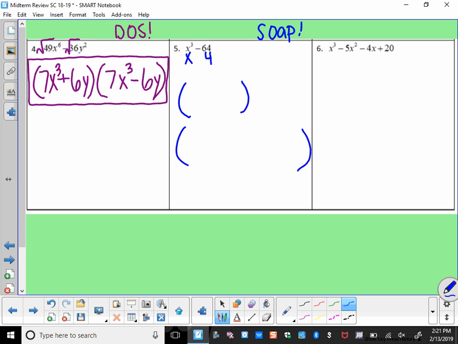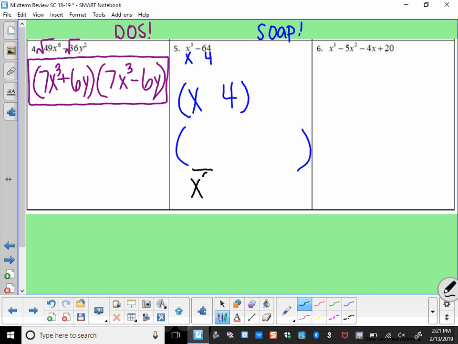It's not negative 4, right? Not yet. X and 4. We do our signs later. My first number here is my first number there squared.